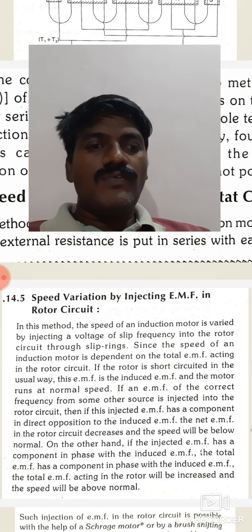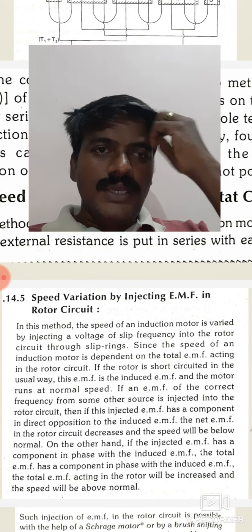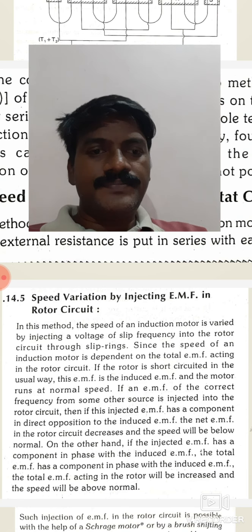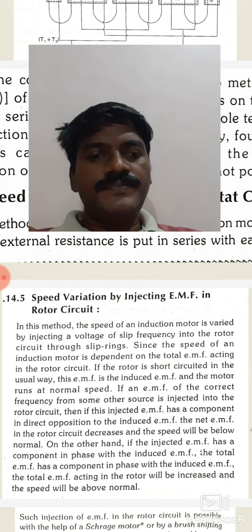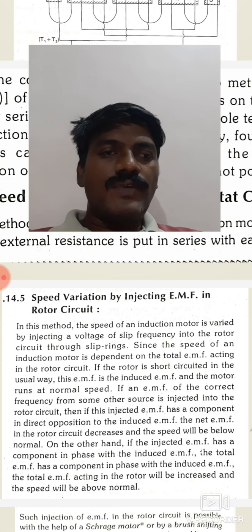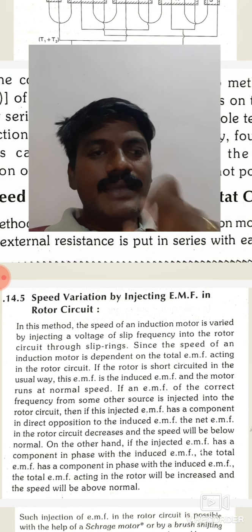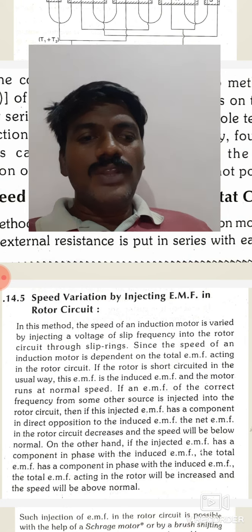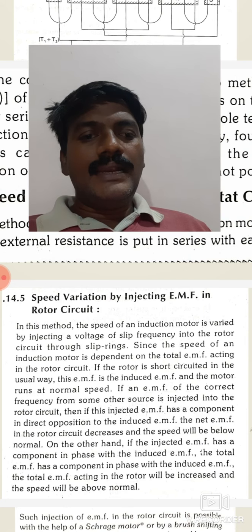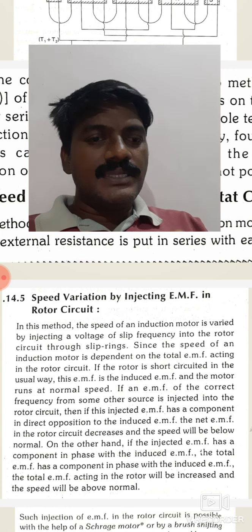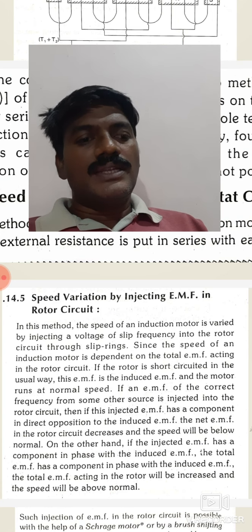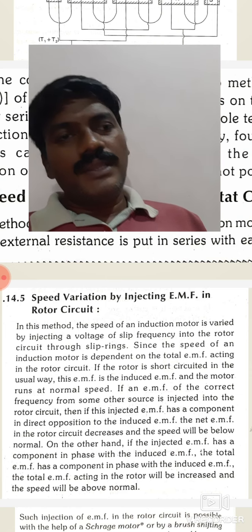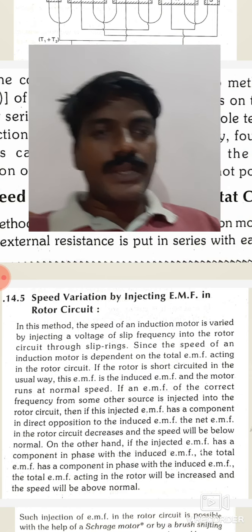If an EMF of the correct frequency from some other source is injected into the rotor circuit, and the injected EMF has a component in direct opposition to the induced EMF, then the net EMF in the rotor circuit decreases, and the speed will be below normal. Right?